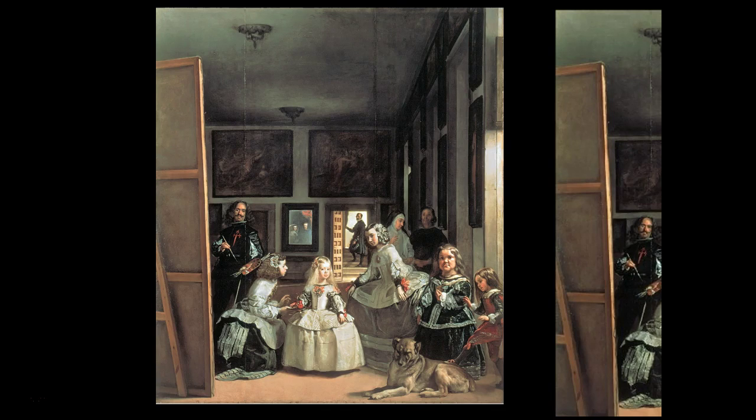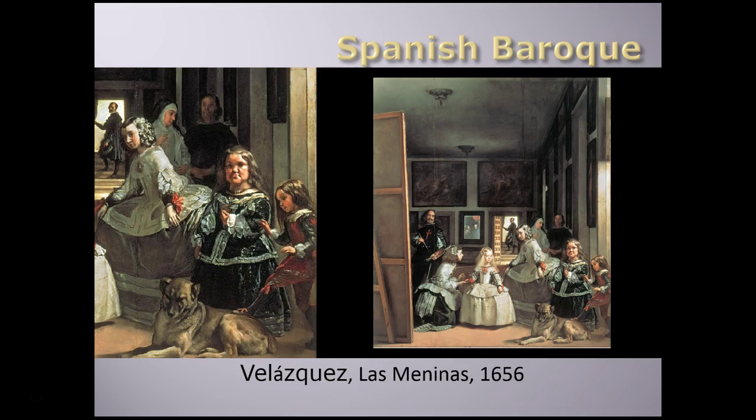And I think, though, when you look at how she's portrayed, he really does a good job of giving her dignity. The way she's looking at us is very confident, and he's not presenting her as maybe an object of entertainment, as probably the reason why courts would collect dwarfs.